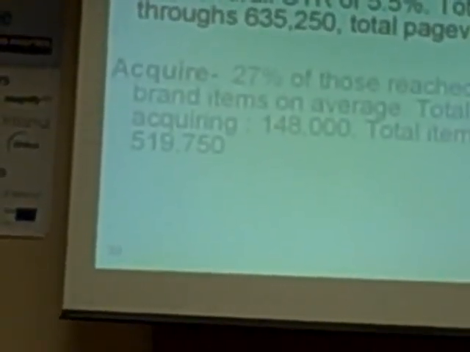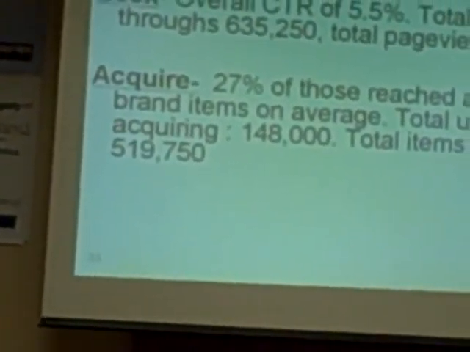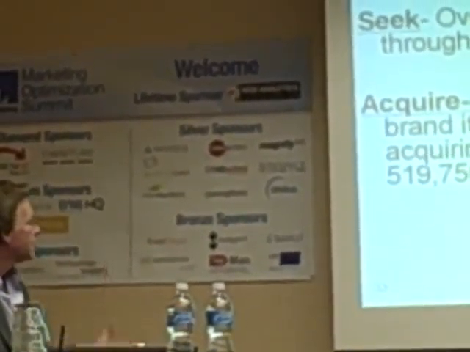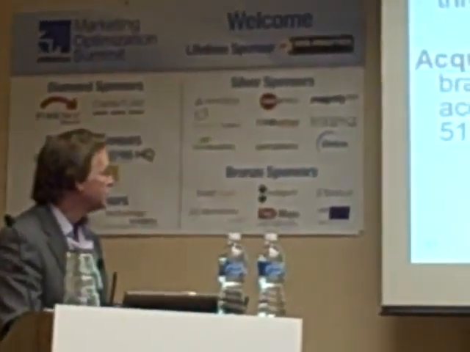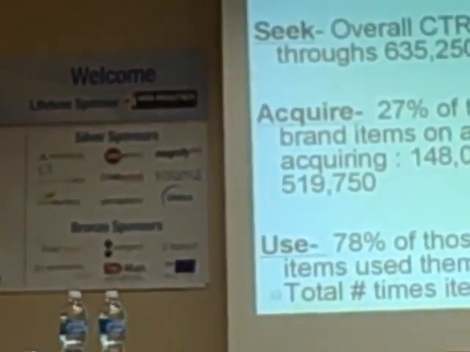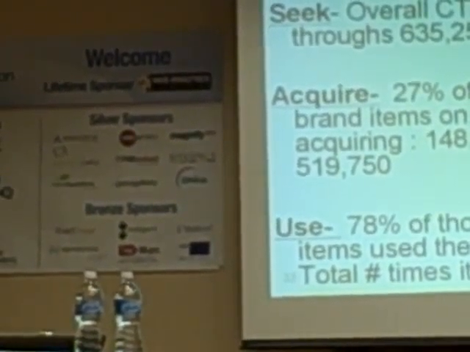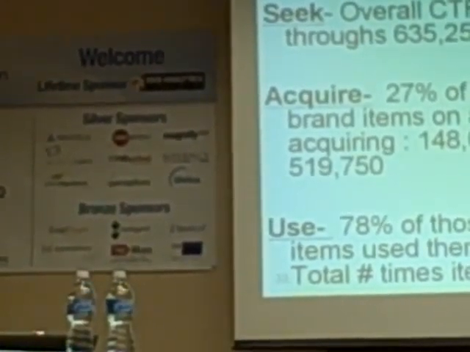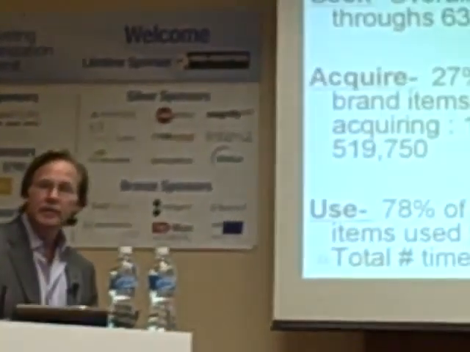Wow. Acquisition: 20% of those reached. So of the total group of people reached, almost 1 out of 3 went on and acquired whatever this brand was. They, on average, acquired 3.5 of them. And they acquired a staggering almost 500,000 virtual representations of that brand. 80% of the people that acquired used it almost 18 times, so you get a total of 2 million uses of the item.